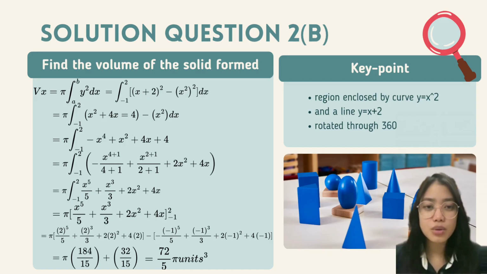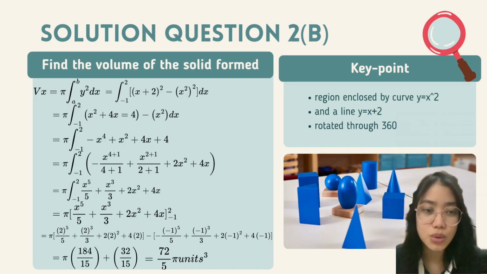The formula we will use is V equals pi times the integral from a to b of y squared dx. The limits we haven't got yet, but according to this diagram, we can see the x values are -1 and 2.